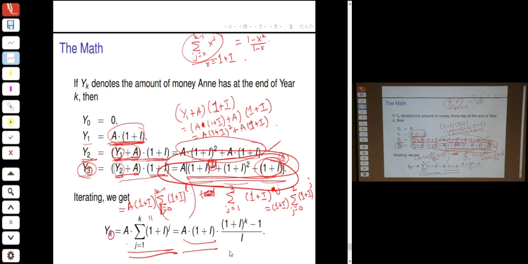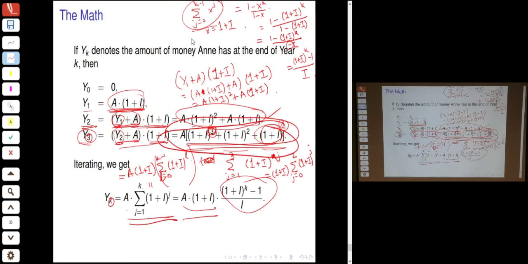So you apply this here: this is going to be 1 minus (1 plus I) to the k, divided by 1 minus (1 plus I), and you can simplify this as 1 minus (1 plus I) to the k divided by minus I. But you can transfer this negative sign upstairs so that it becomes (1 plus I) to the k minus 1, divided by I. Okay?